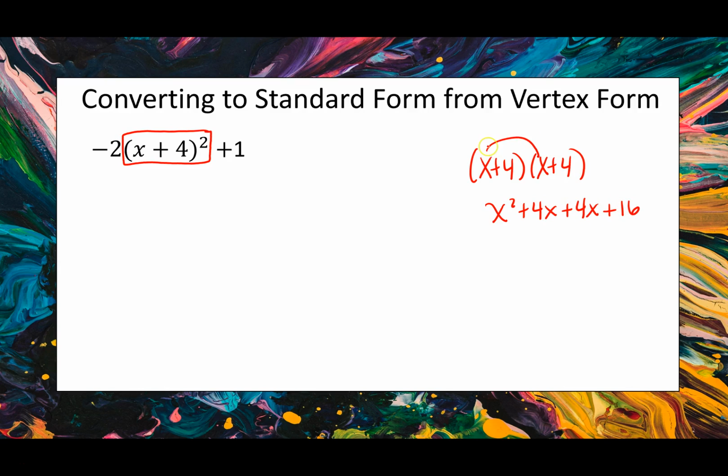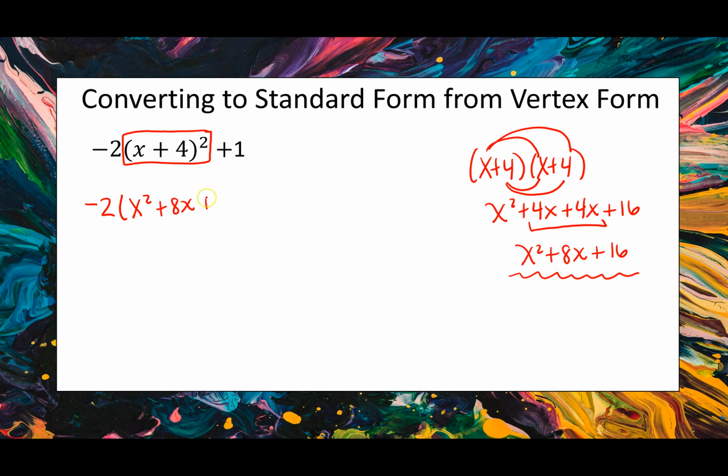These inners combine to an 8x, so we have x squared plus 8x plus 16. So I'm going to now replace what I have in the box with what I got down here. That's going to be an x squared plus 8x plus 16 and then plus a 1.